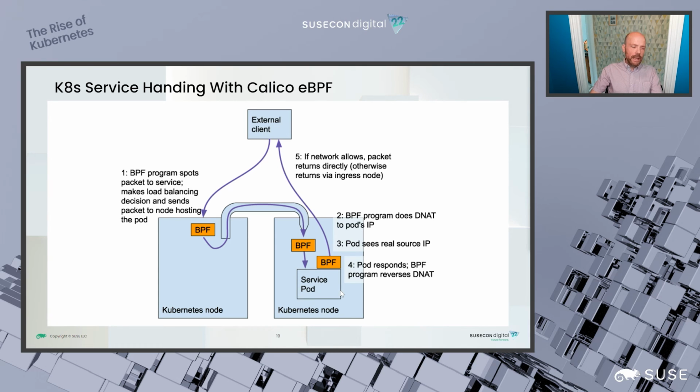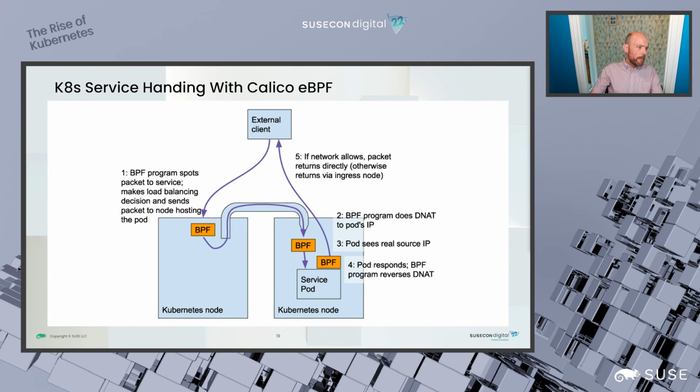For argument's sake, the service pod in both this diagram and the previous diagram showed the service pod on a different node to the node that was selected by the external network. But of course, it's possible that the service pod could be on the same node.